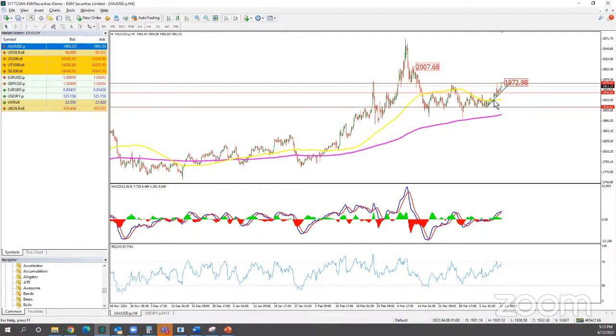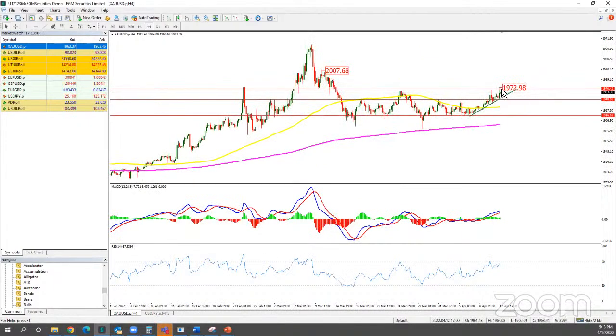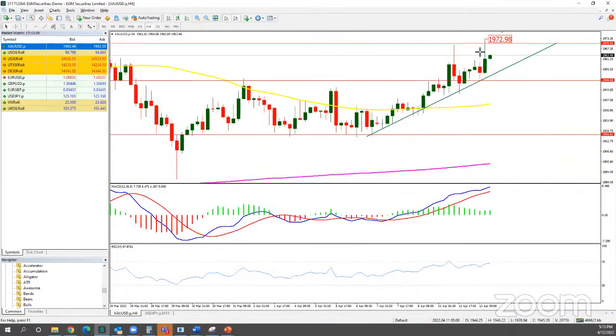So this bullish uptrend after this narrow range happened, we need more confirmation. Now, the RSI and the MACD, both of them are pointing to the upside, meaning bulls are in control. Yet this could change near this area. Today prices actually touched the 1972 after the CPI numbers, but now we're seeing prices retrace a little back.